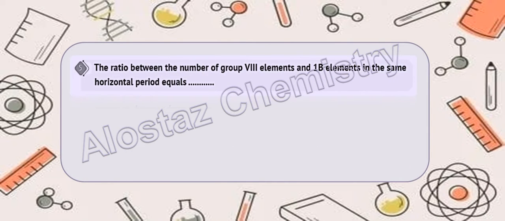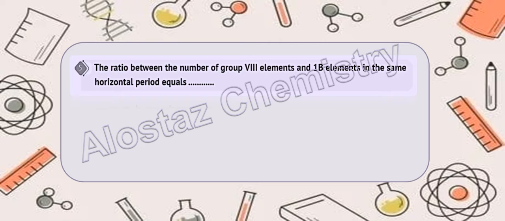Question 5 says that the ratio between the number of group VIIIB elements and 1B elements in the same horizontal period equals... Okay, we said before in the previous questions that we have group VIIIB containing what?